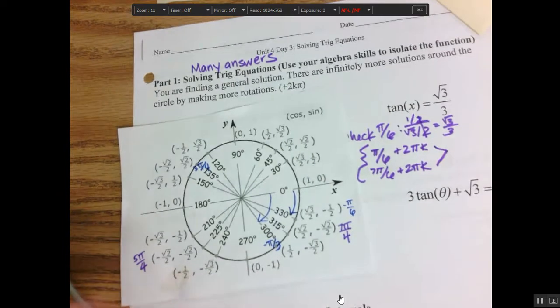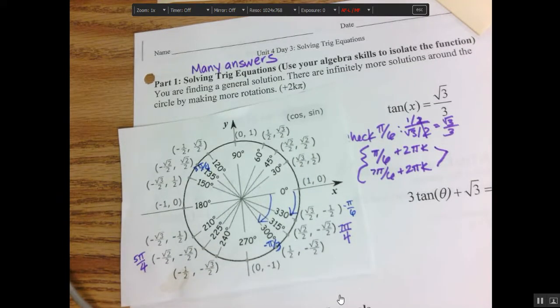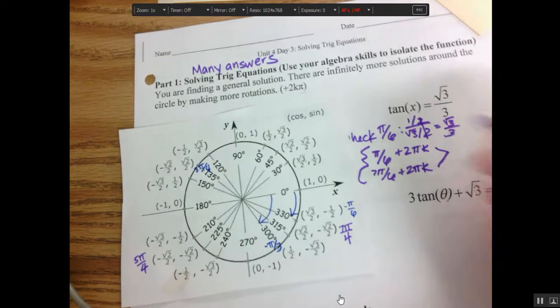Does anybody think they know? Anybody think they know what the one expression is I can write? Give it a try. Say it again. Pi over 6 plus pi k. Does that include all the answers? It does. Yeah. Well done, girls. Pi over 6 plus pi k.